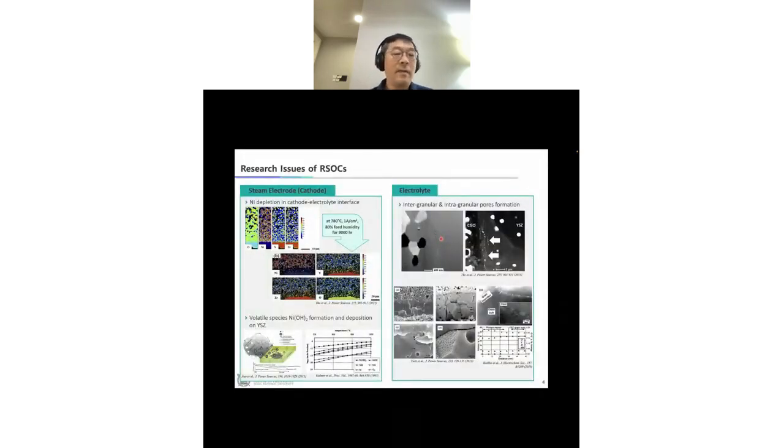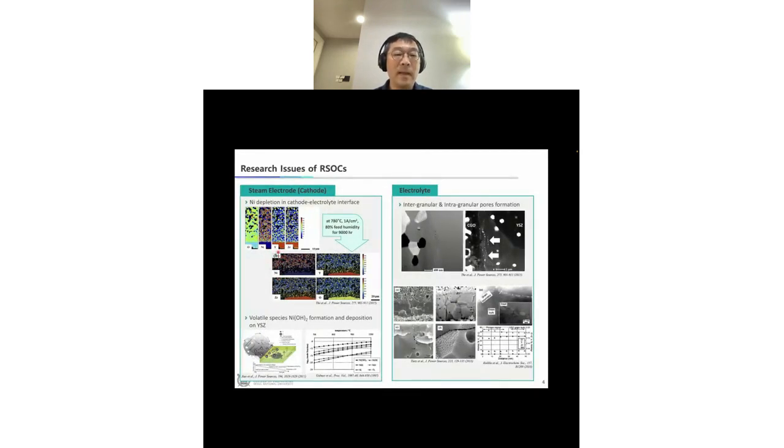But there are several, actually lots of, issues with the so-called solid oxide cells. I'm going to explain some of the key issues. One is on the cathode side, where nickel is the catalyst. The problem is that this nickel starts to move around and deplete.